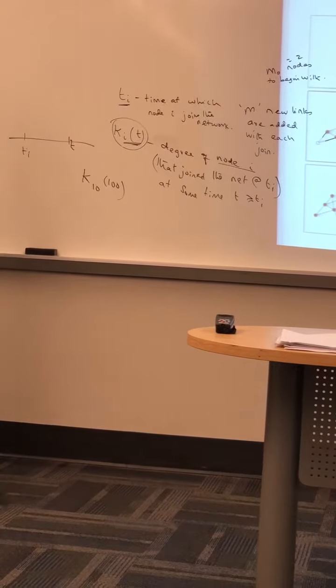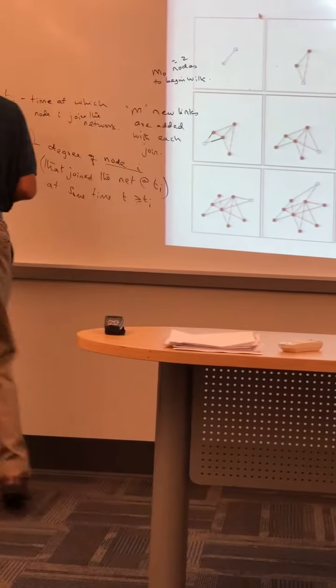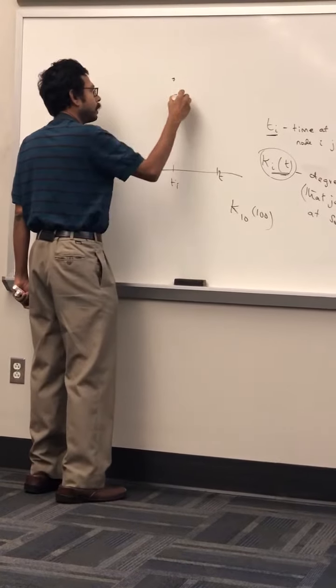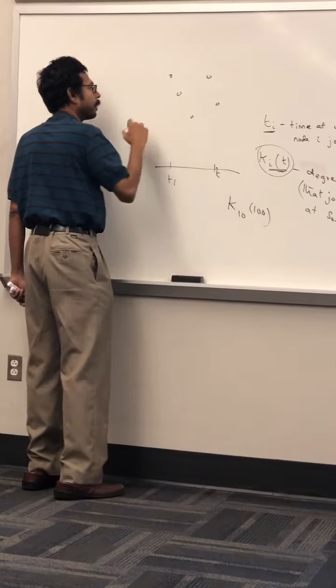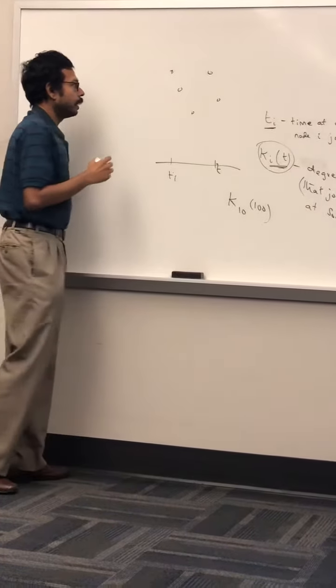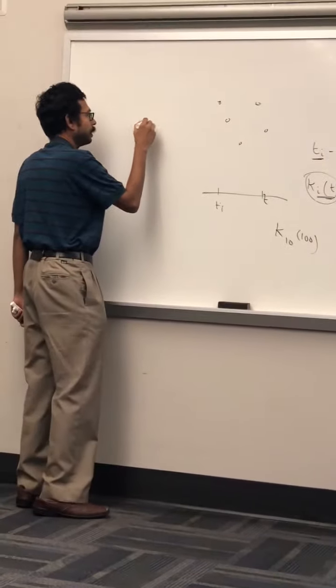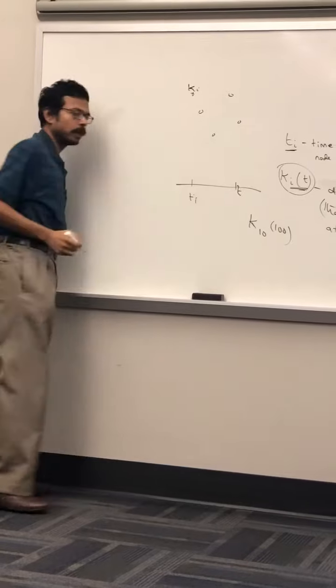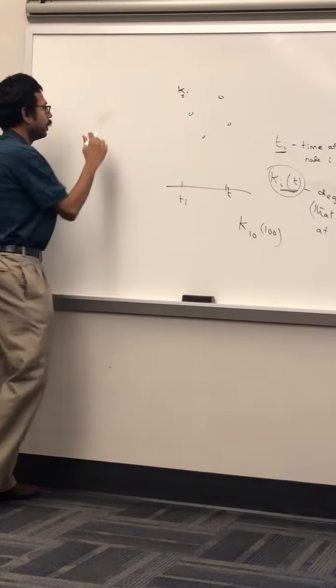Okay. So the probability function is, you have some nodes that are already out there. Each node has ki, the degree of node i, right?